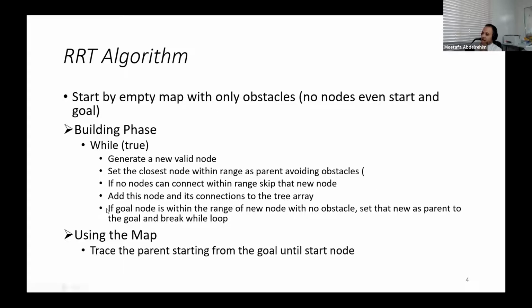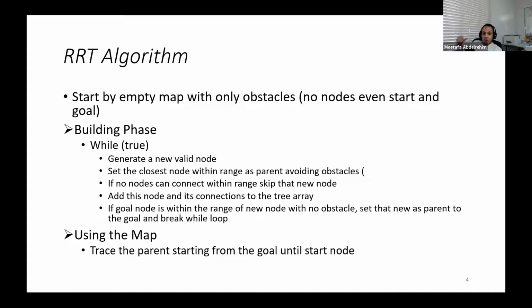If we compare this algorithm to the building phase of PRM, probabilistic roadmap, you will notice first that here it's a while true. In principle, it can run forever, until we find a node that is close enough to the goal node.